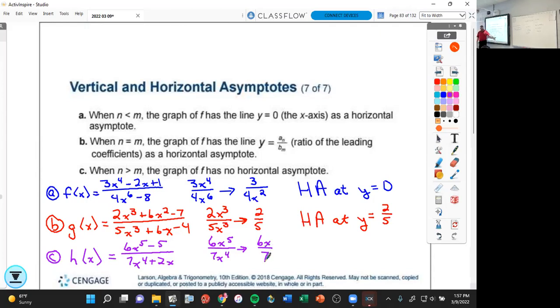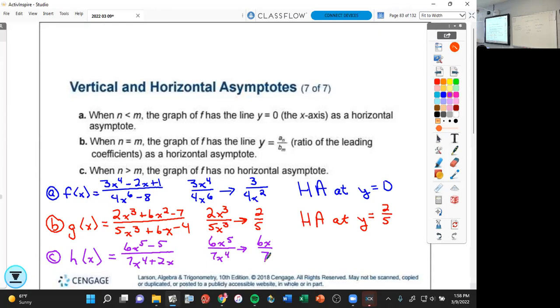What happens to this 6x over 7 if x is extremely large? I'm dividing an extremely large number by 7. What's going to be the result? It's still extremely large, right? 10 trillion divided by 7 is still a lot. Negative 100 trillion divided by 7, that's still a lot. Is it getting closer to any particular number?